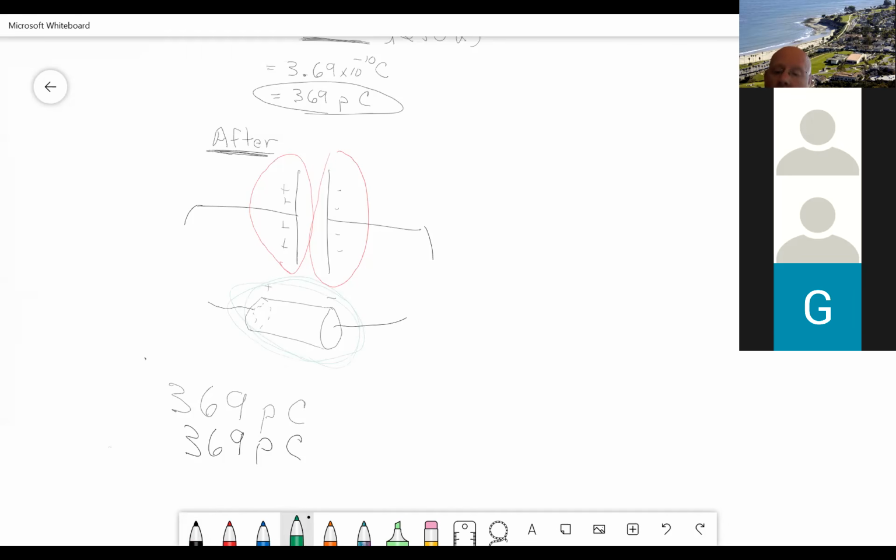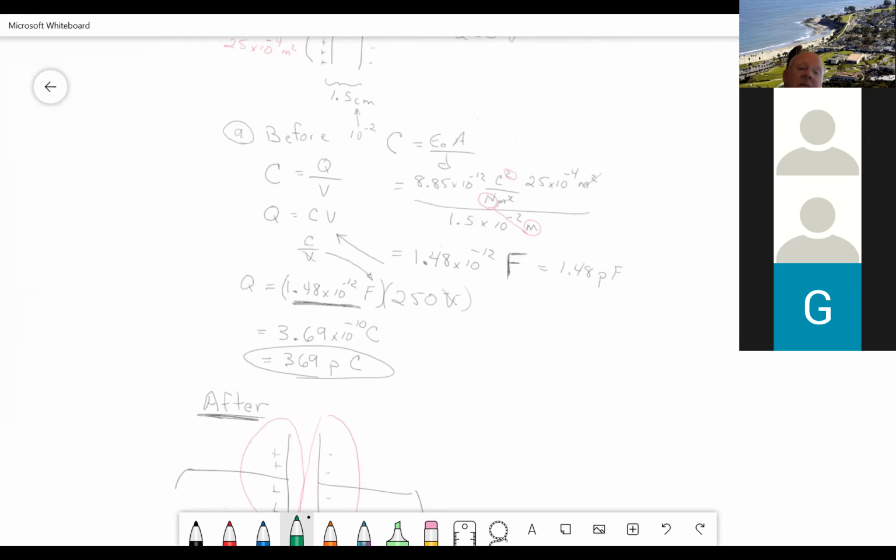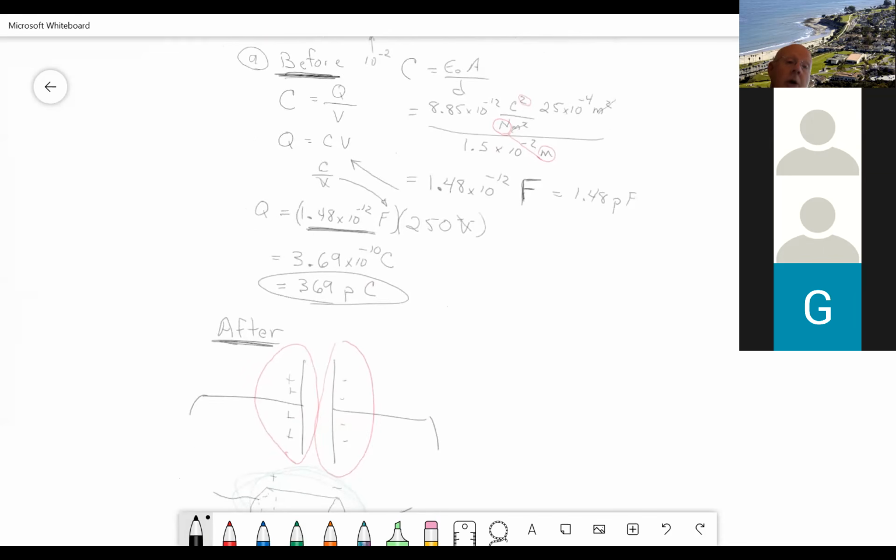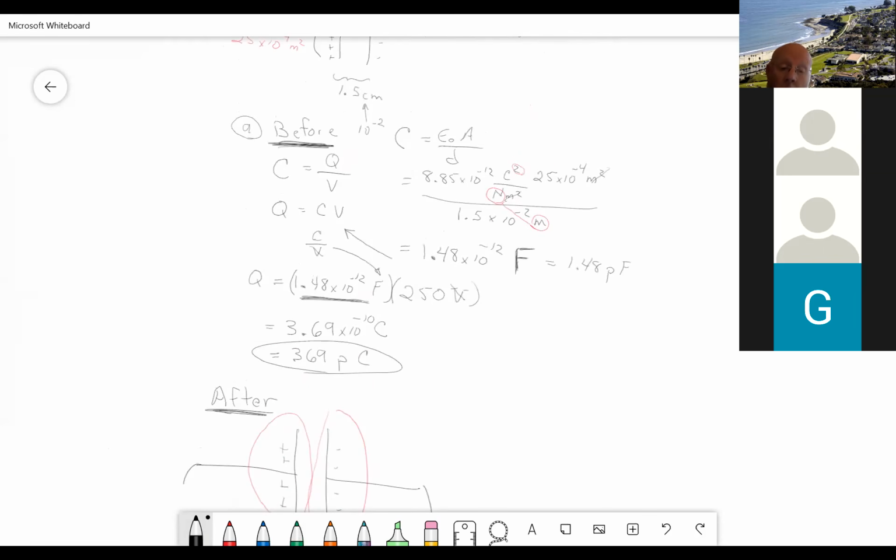Dr. Young, it says before and after immersion in water. Right. Okay, so let me say it again. I'll come back here. Let me underline up here, before. Before you put it in the water, before you immersed it, you had this charge, 369.